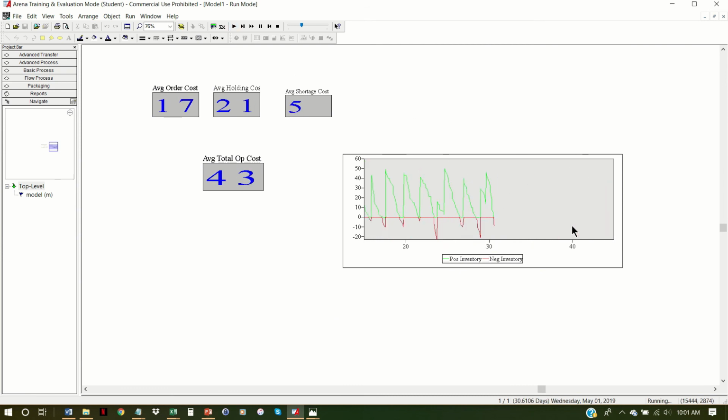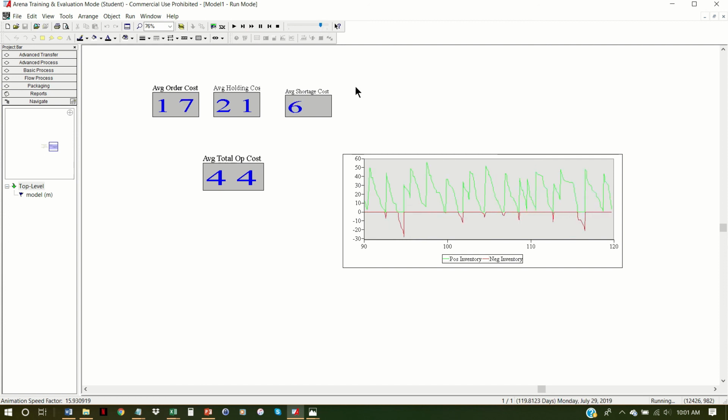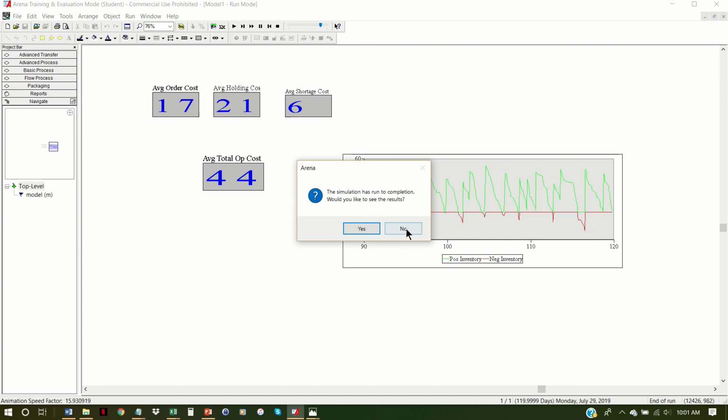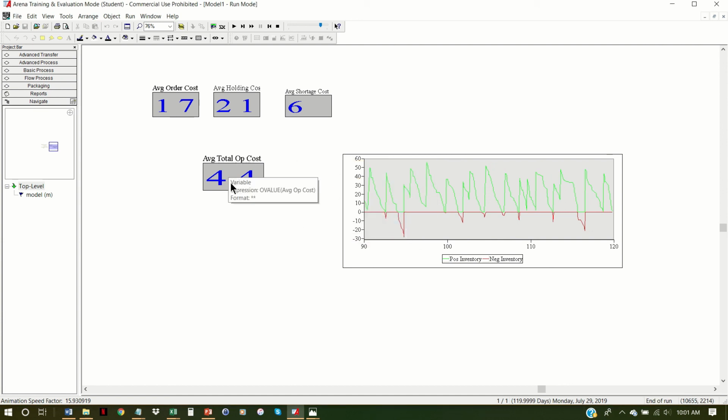So it looks like it's going negative far less. Let's see if we can just speed things up a little bit. And we see now here our average total operating cost is $44, so that's a pretty significant reduction.